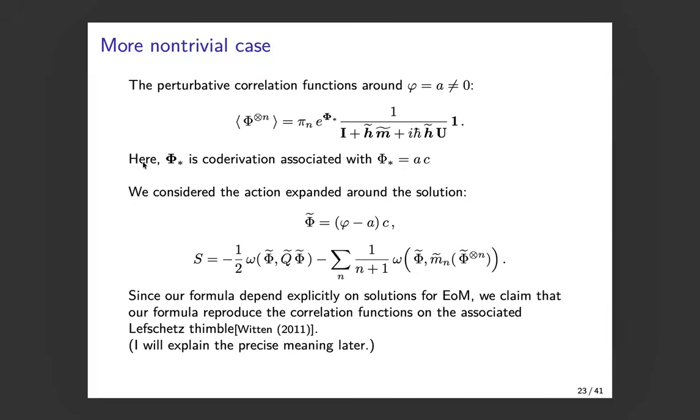Anyway, this is the formula around the non-trivial solution, and it states that our formula depends explicitly on the solution of the equations of motion. We claim that this formula reproduces the correlation function on the associated vacuum. I will explain the precise meaning later.